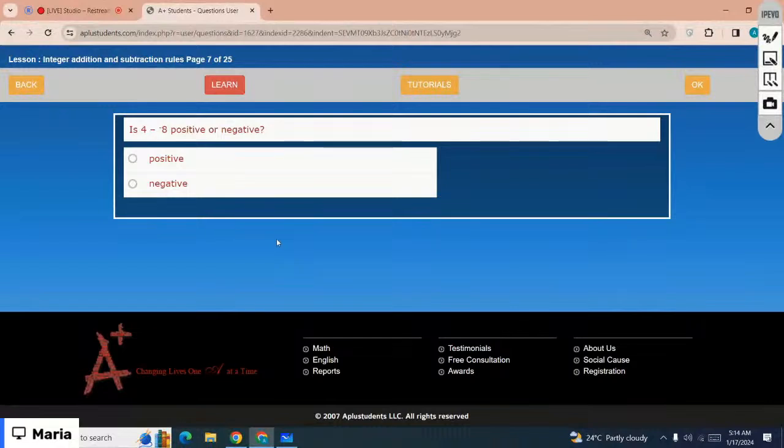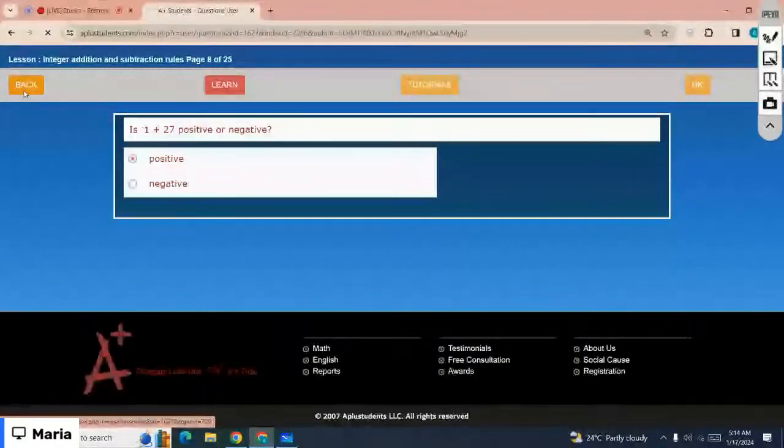The correct option is positive. Is negative 1 plus 27 positive or negative? It is, right? Okay, you can complete the lesson by yourself later today. Let me just move on to the next lesson, right?